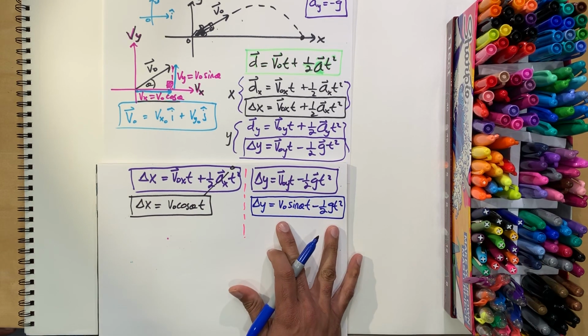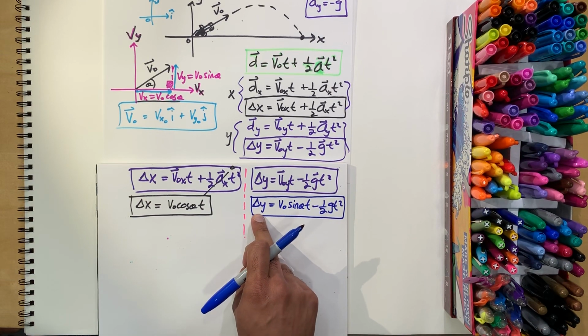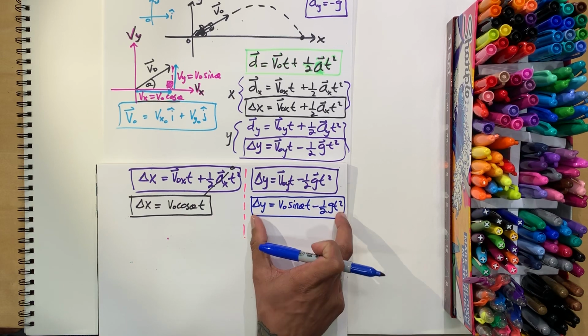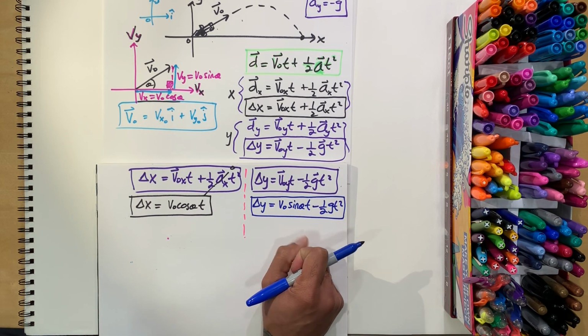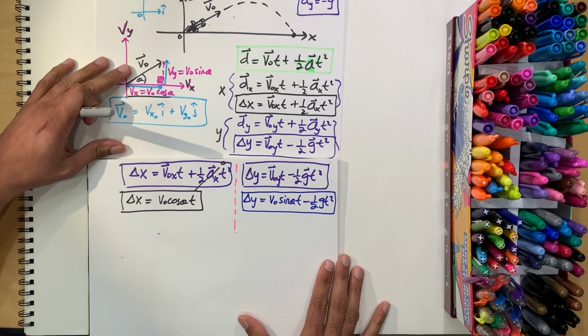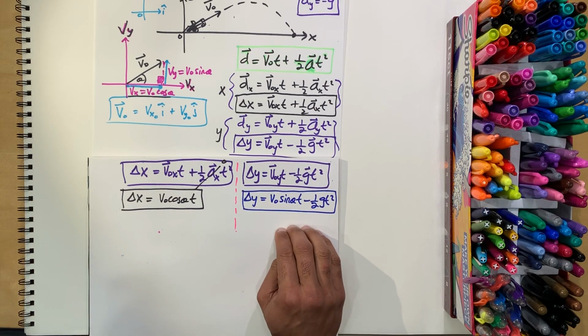So now we have the change in y kinematic equation written out. Okay, so now let's do another thing. In order for us to go from here to velocity, we're gonna need to take the derivative.